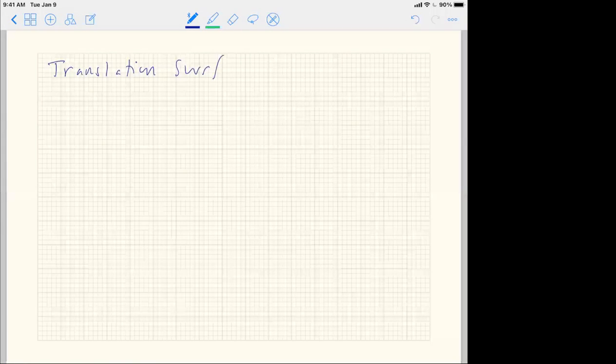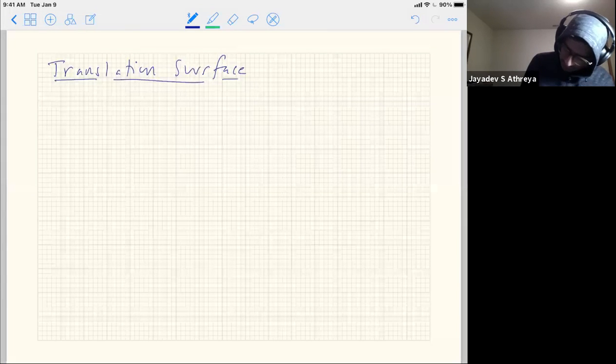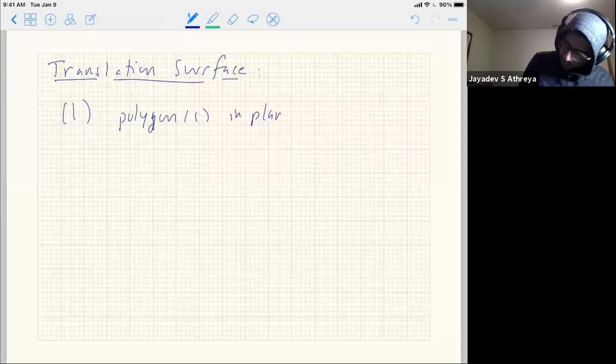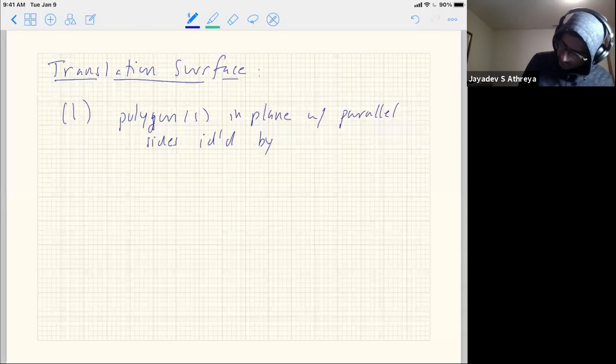let's go back and remember what a translation surface is. I gave 3 equivalent definitions. One was we had a polygon or family of polygons in the plane with parallel sides identified by translation.